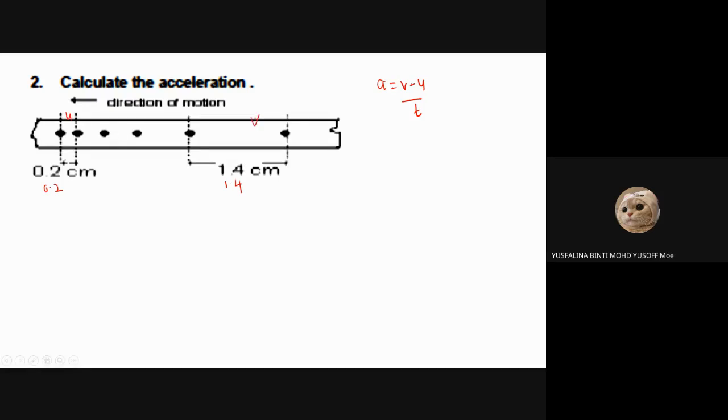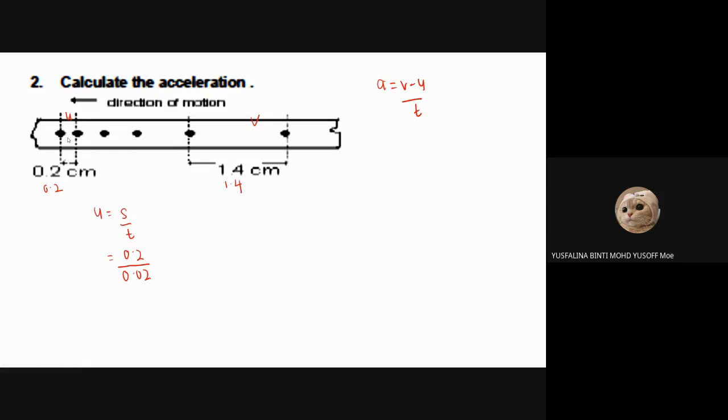So the next part, you have to calculate the initial value. 0.2 divided by 0.02, right? Because the U is only one tick, and one tick is equal to 0.02.